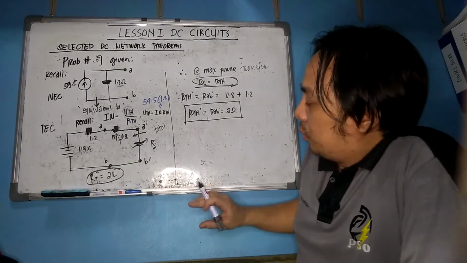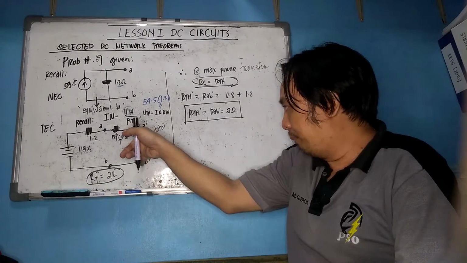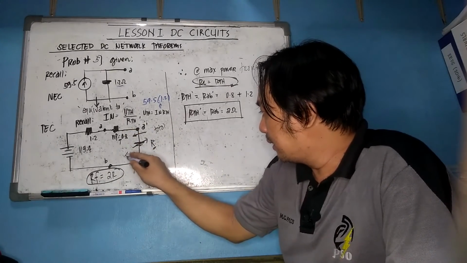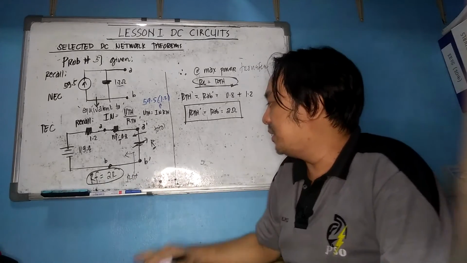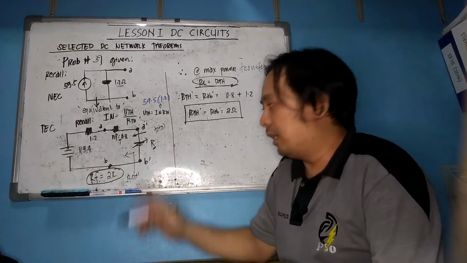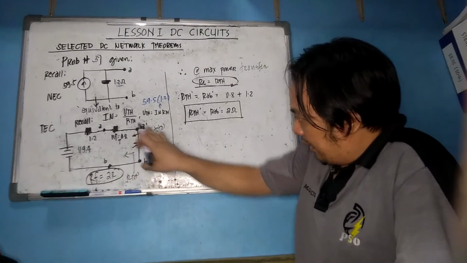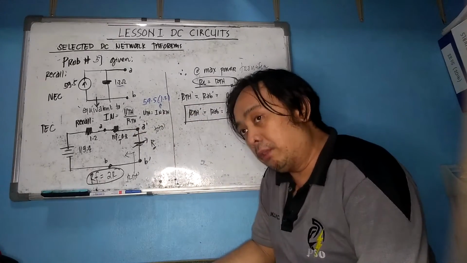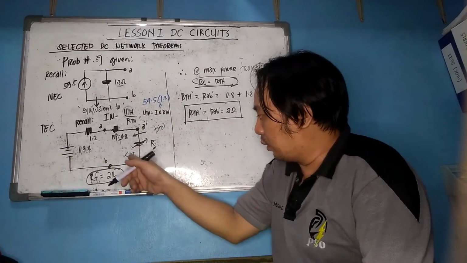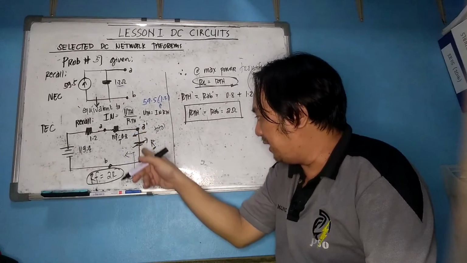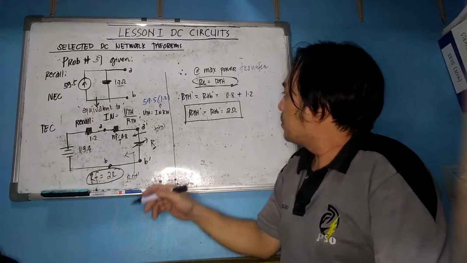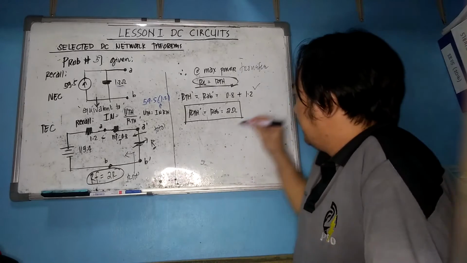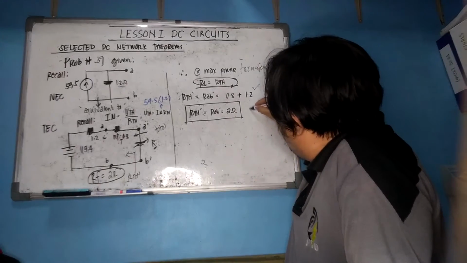And thus, what I will do here is, I have points A and B, A prime and B prime here, and we need to get the Thevenin's resistance RTH prime at points A prime and B prime. So you need to isolate, disconnect that resistance, and get the total resistance RTH from points A prime and B prime from the load. Hence, you have 0.8 plus 1.2, which yields a 2 ohms answer.